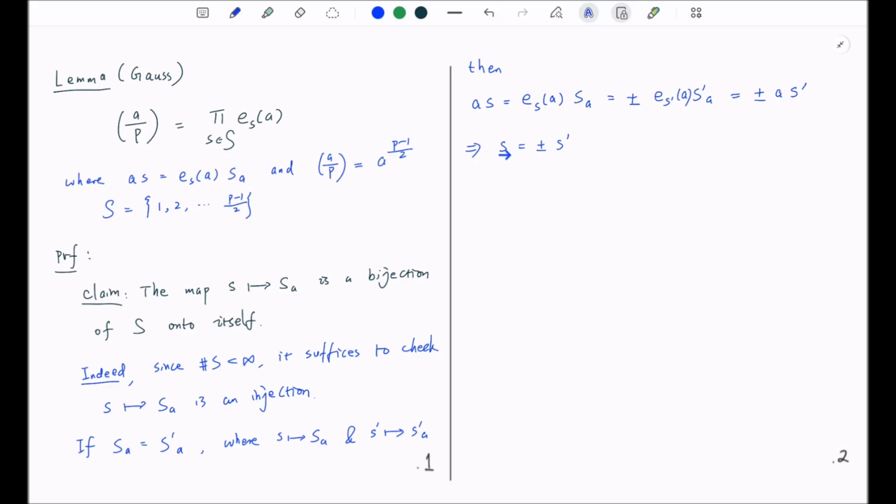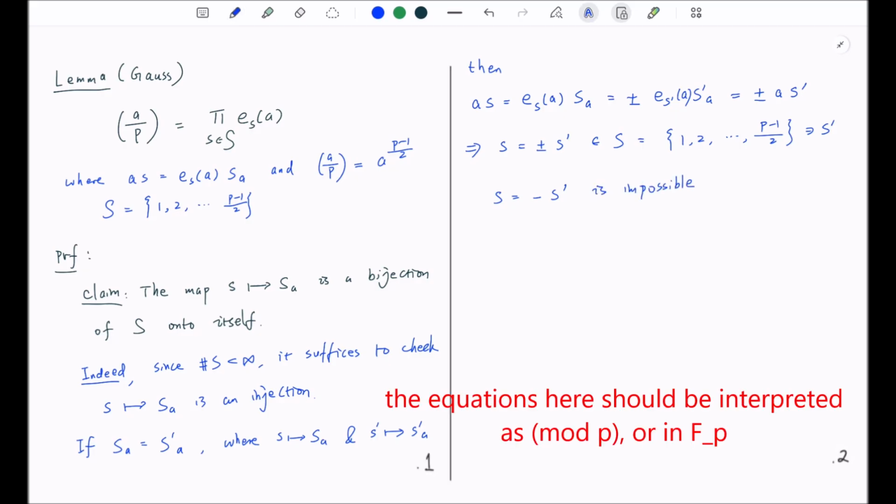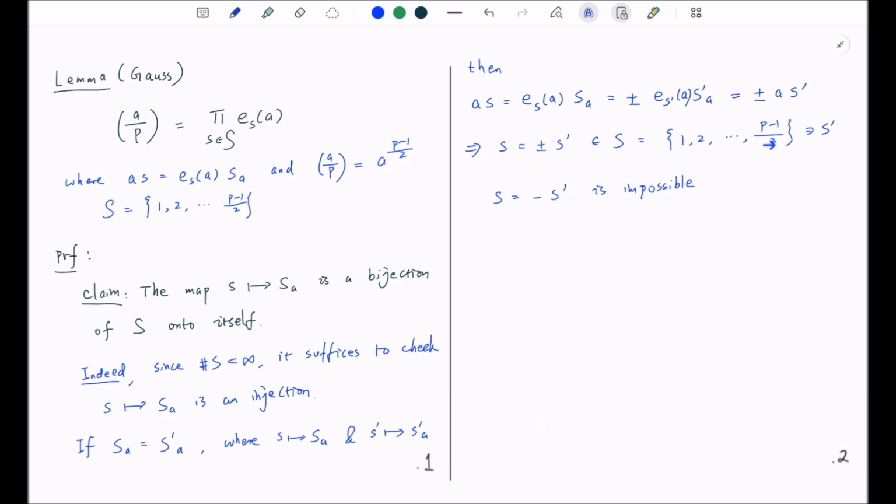Remember that S lives in capital S, and S consists of integers 1, 2, all the way to (p minus 1) divided by 2. And S prime also lives in here. It follows that S equal to minus S prime is impossible, because S is less than or equal to (p minus 1) divided by 2, and S prime is also less than or equal to (p minus 1) divided by 2.